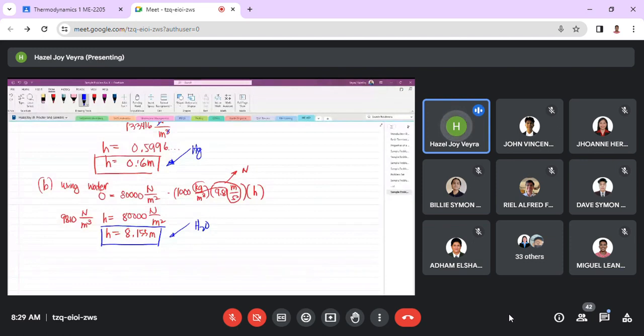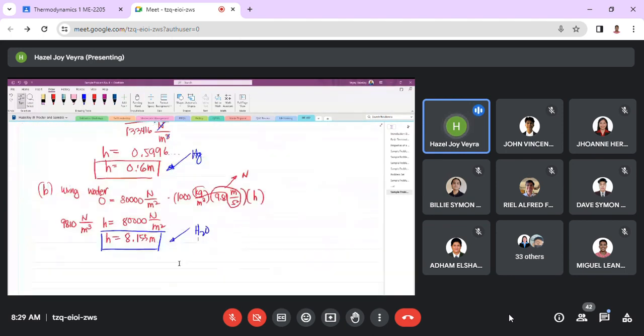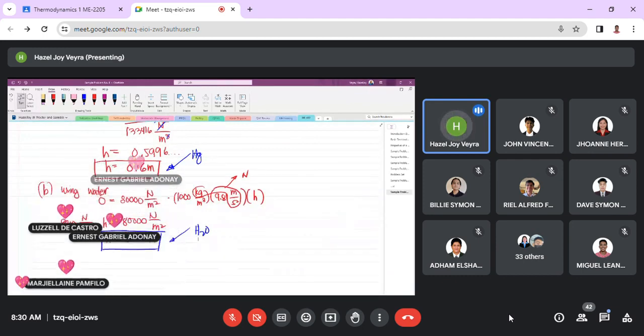Just raise your hand, tapos ulitin ko na lang. Okay? So later may sasend na lang ako. You'll have one assignment. This will be sample problem number 7. I-chat ko na lang sa coordinators para sabay-sabay yung tatlong sections.